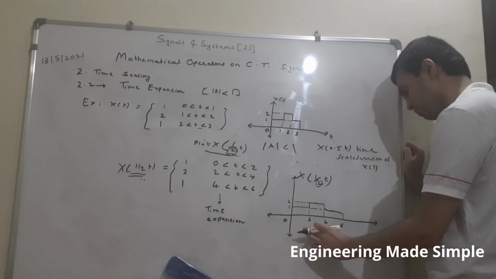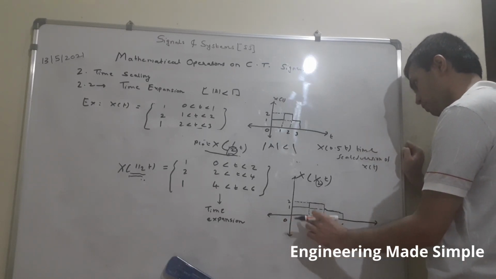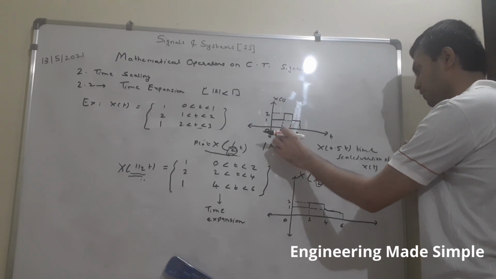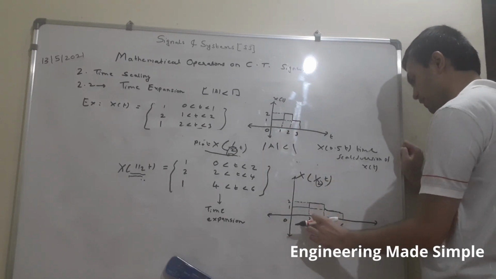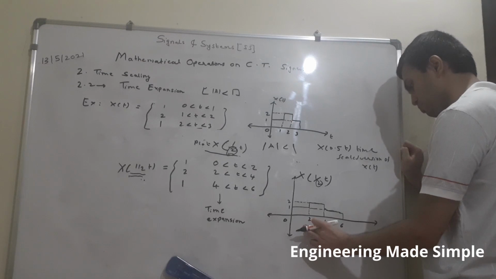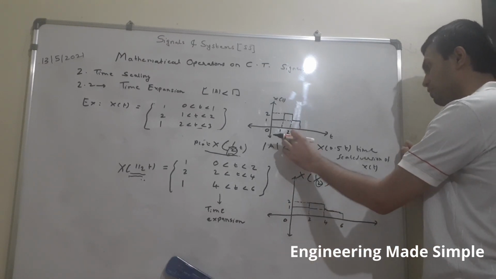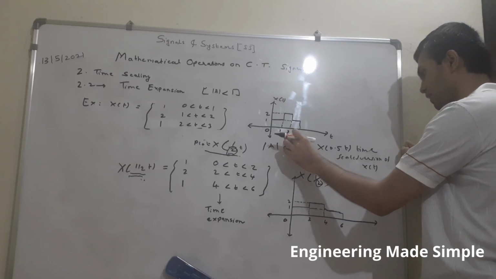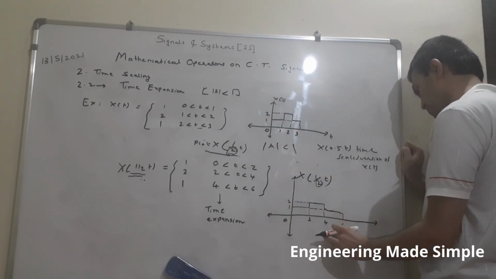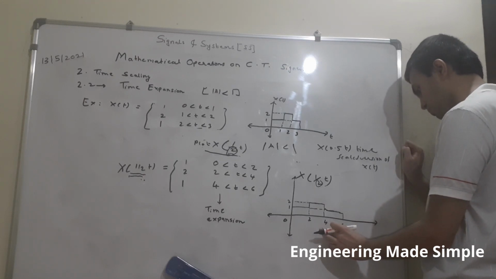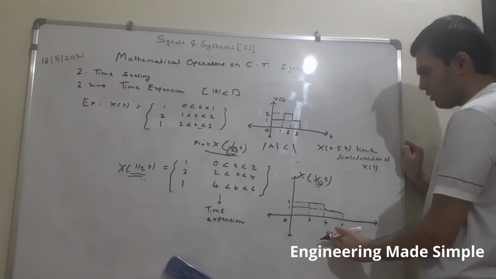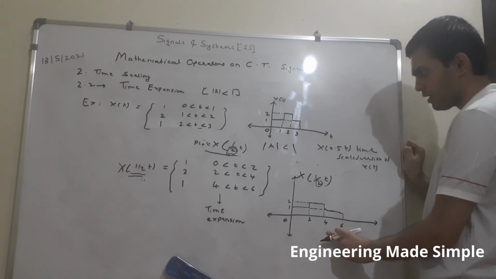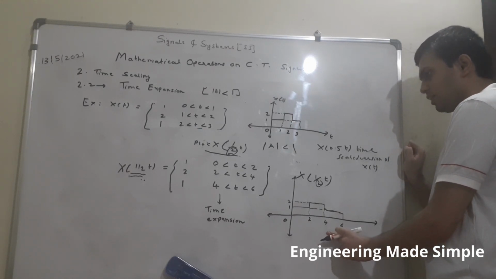Whatever the value of the signal x of t was in the time intervals 1 to 2, it is expanded to the time intervals 2 to 4. And whatever was the amplitude value of x of t in between 2 to 3, the same value is expanded to the time intervals 4 to 6. So that's why we say it is a time expanded version of x of t.